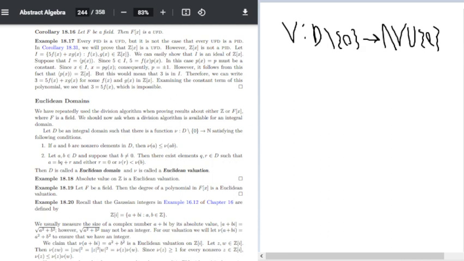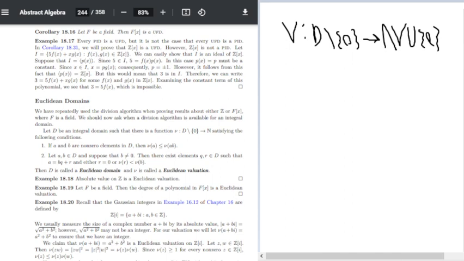If a and b are non-zero elements in D, nu of a is less than or equal to nu of ab. Oh yeah. An easy way to show it is that nu of u is less than or equal to nu of u inverse, is equal to nu of 1.